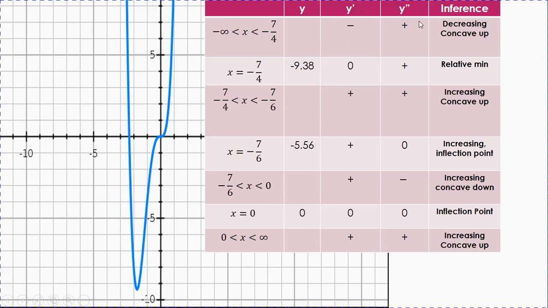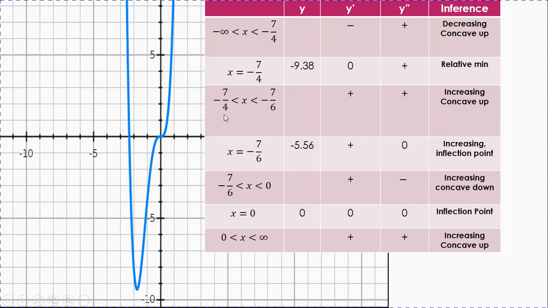If we put that in second derivative formula, the value would be positive. So at x equals negative 7 over 4, f of x is negative 9.38. First derivative would be 0, and the second derivative would be a positive number.